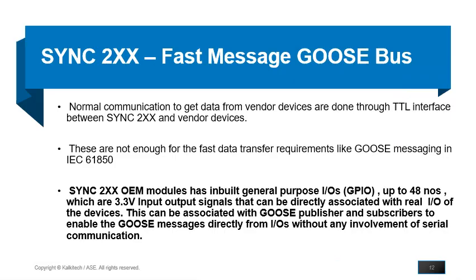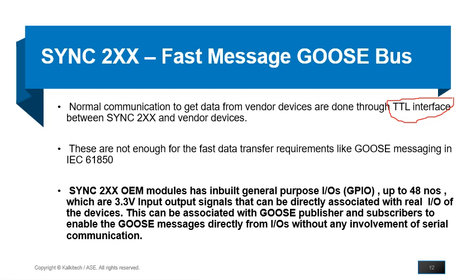Now moving on to the fast message GOOSE bus, that is how the OEM can be used for transferring GOOSE messages where there is a timing requirement of 4 millisecond or 10 millisecond depending upon the application scenario. Generally in the Sync 200 series we use a TTL interface for taking the data from the vendor device, over Modbus or any other protocol, and transferring it over 61850 as reports on the other side.